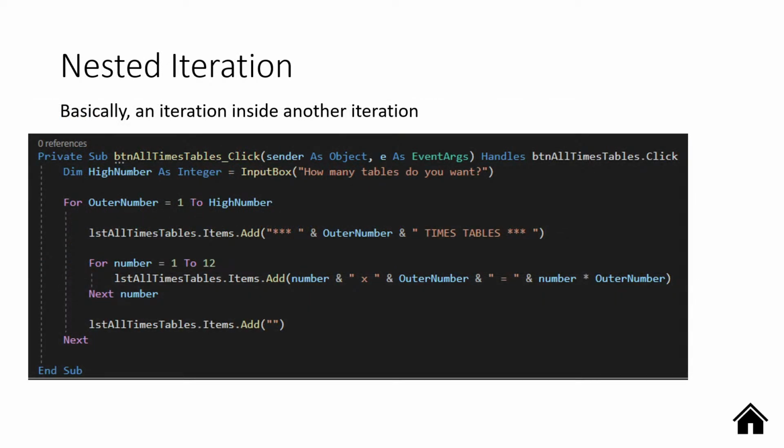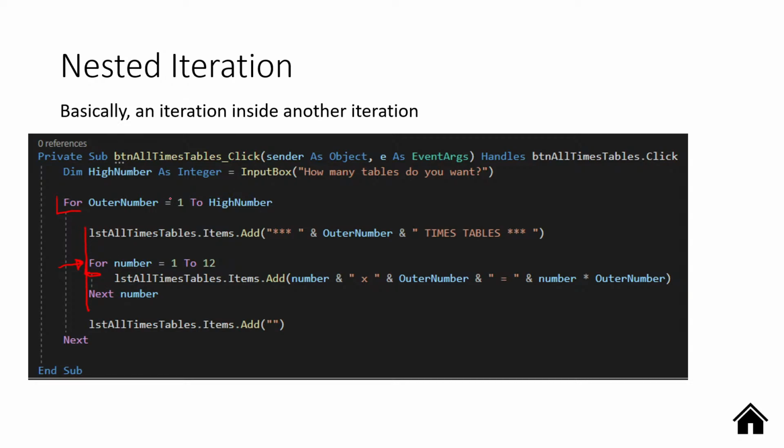Now nested iteration is exactly the same as selection, in terms of the condition being inside itself. Here we've got a for loop, and then indented for ease of reading, another for loop inside it. This is where the nesting has happened, a for loop inside a for loop.